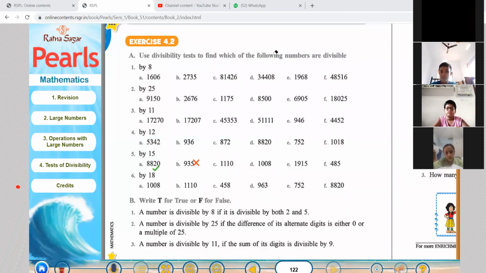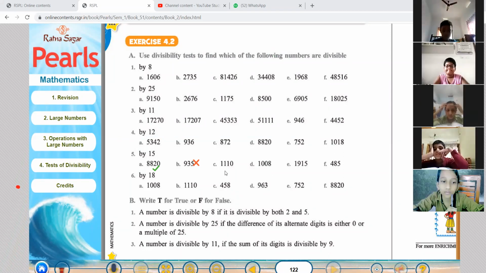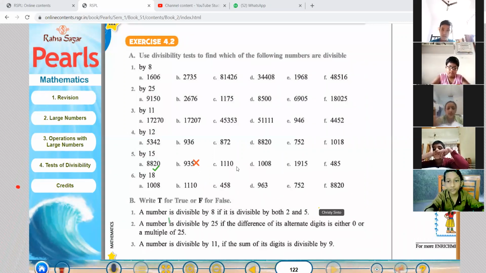And now what about 1110? What is the last digit here? 0. Then what about the divisibility by 5? It should be divisible.